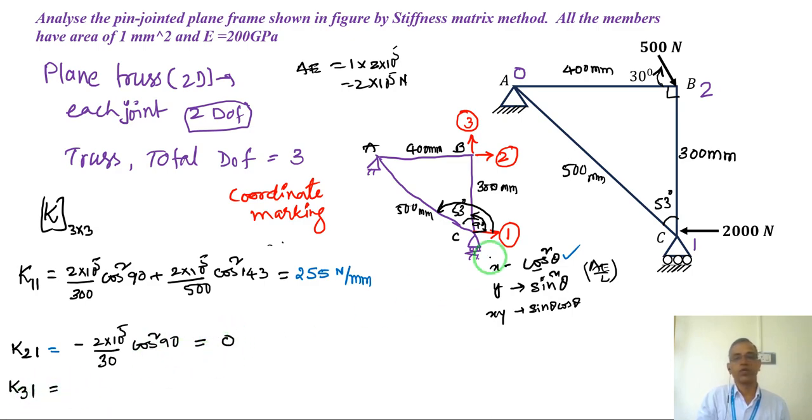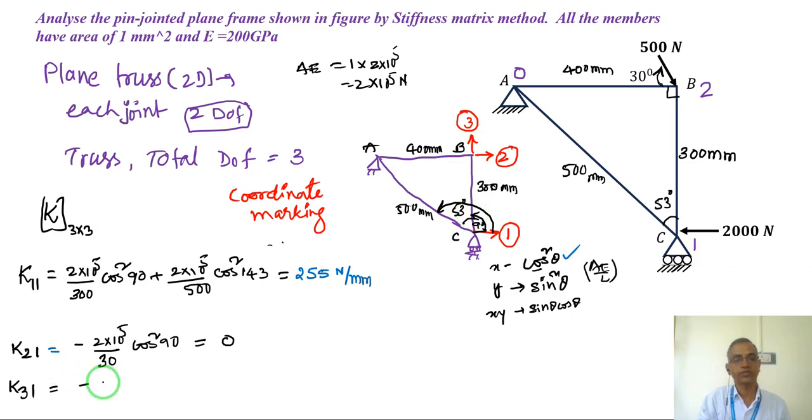So 3 1. Now 3 1. So unit displacement 1, force 3. So these two coordinates are perpendicular. So one is in x, second is in y. So when it's x and y, I should have sin theta cos theta. Since 1 and 3 are different joints, summation is not required. Because it being a far end, so minus.